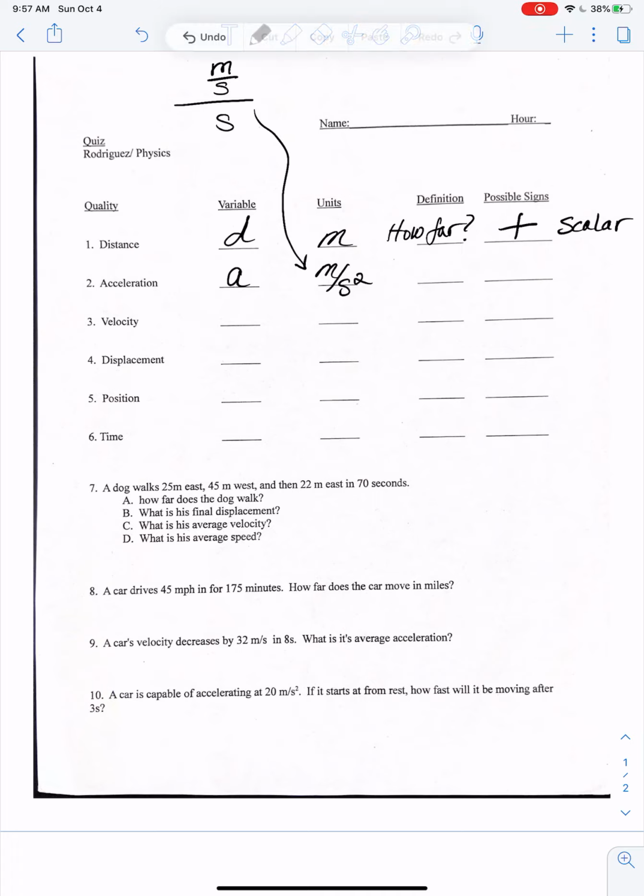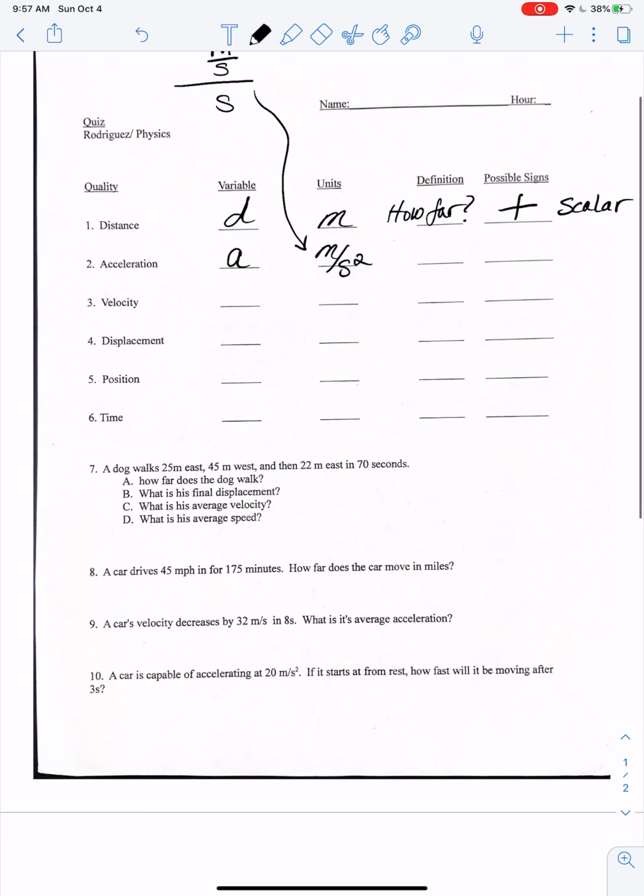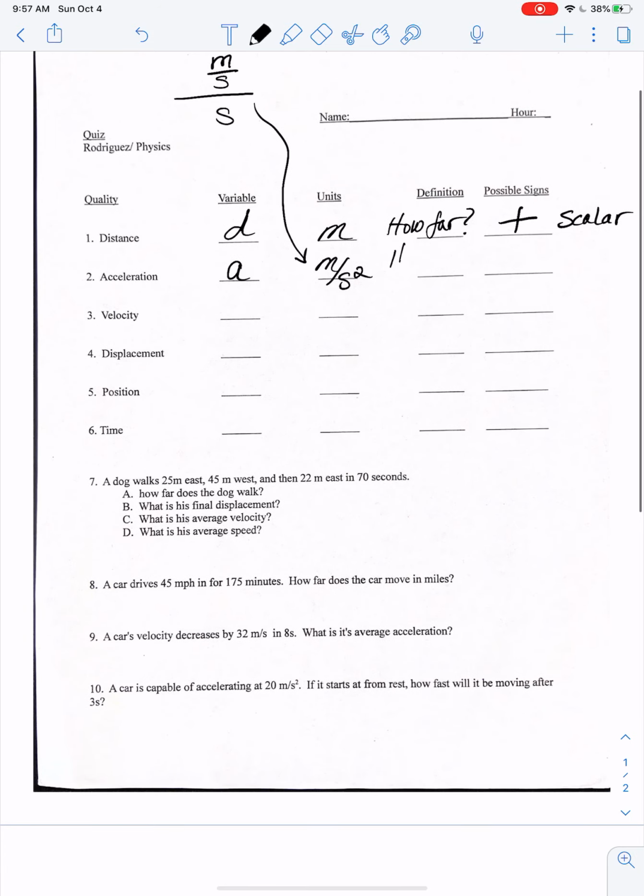Okay. Definition. How quickly your velocity changes is probably a good way to write it. Signs here.